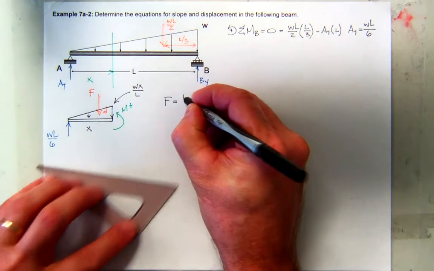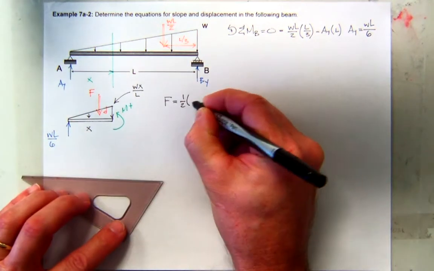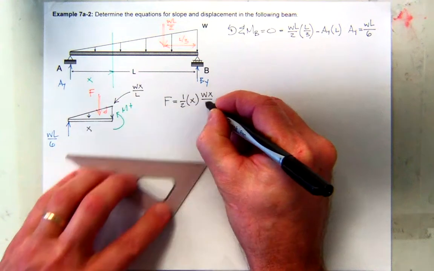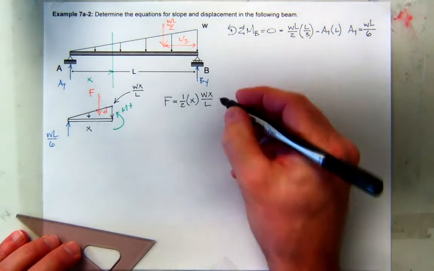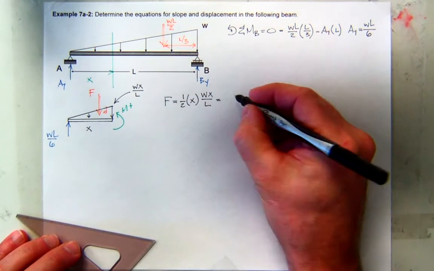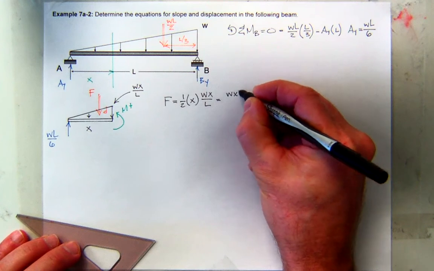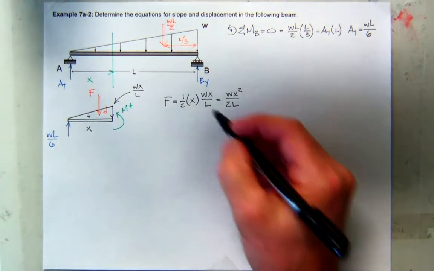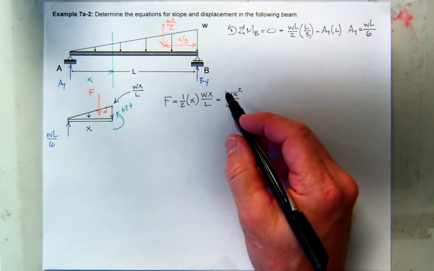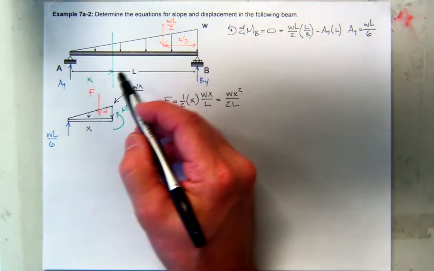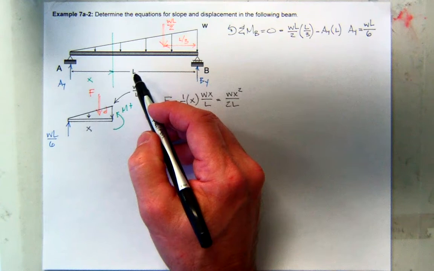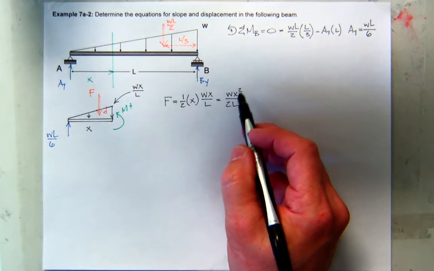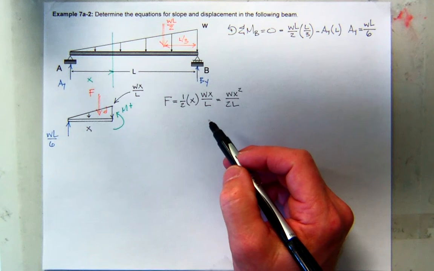So I'll just write it out explicitly. 1/2 base x times height Wx over L. And then if you do a little work there, you'll find that it's Wx squared over 2L. Now you can kind of check that too, because remember we already did this problem for x equal to L, right? And we found WL over 2. So if you put in x equal to L here, you get WL over 2, so it works.